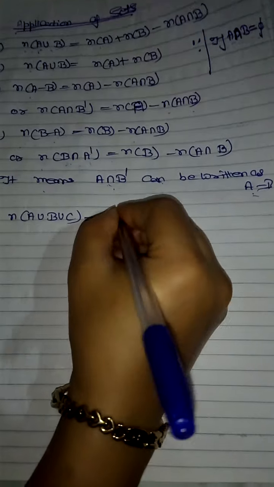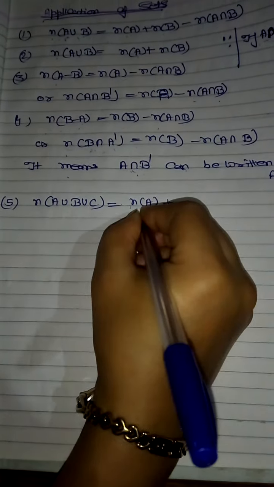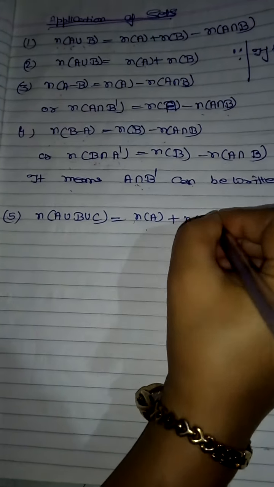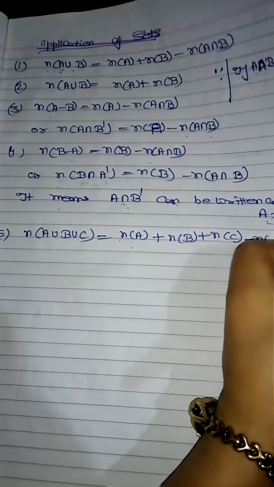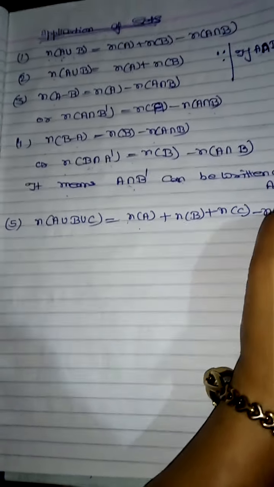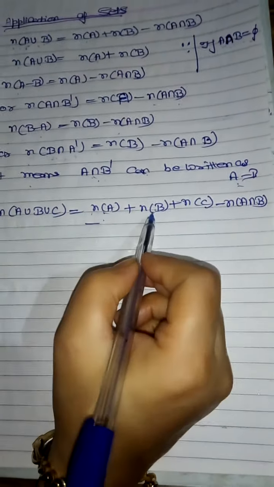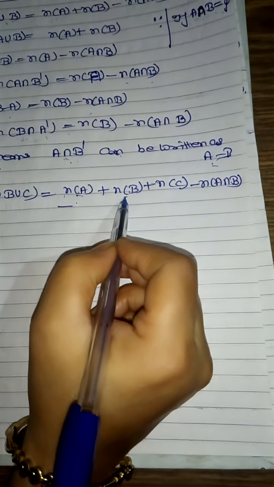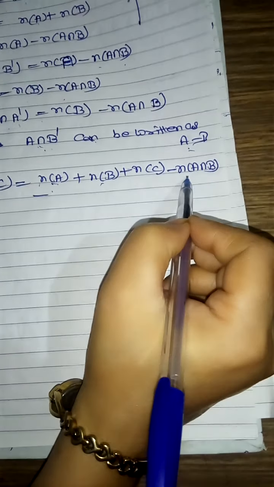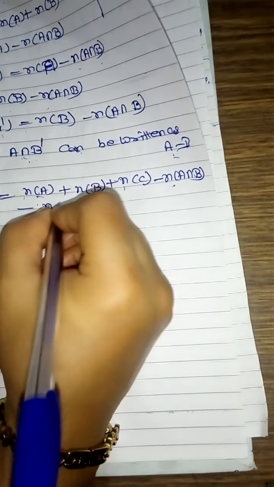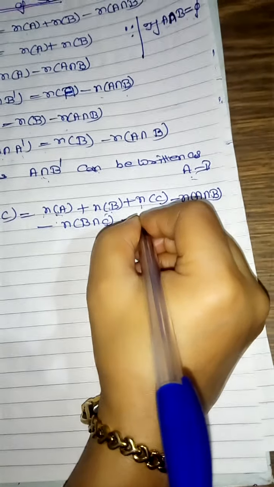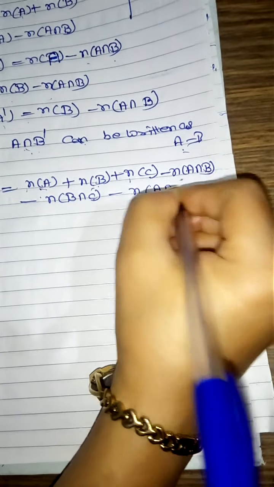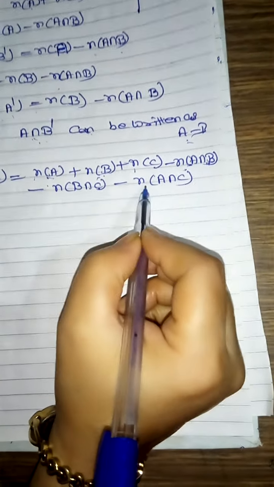So it will be n of A, the number of elements in set A, plus n of B, plus n of C, minus n of A intersection B, because all the elements of set A and set B are coming here, so we are subtracting n of A intersection B. Similarly n of B intersection C, and then minus n of A intersection C. We are subtracting the common elements AB, BC and AC.